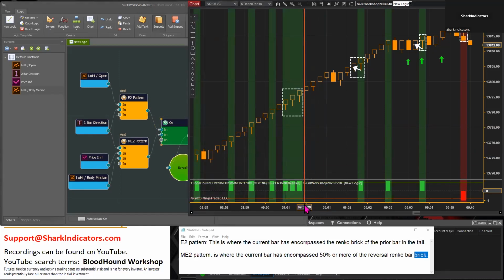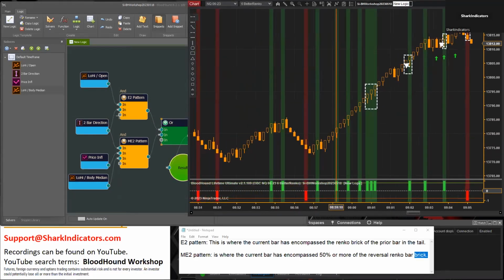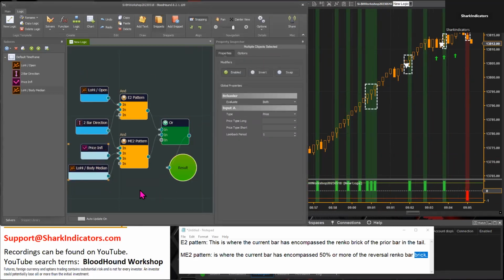Now we can see all of those patterns together. All right, well, that does it. These 2 patterns are not that sophisticated. Let's see, I don't see any follow-up questions on this, so I guess we're done.